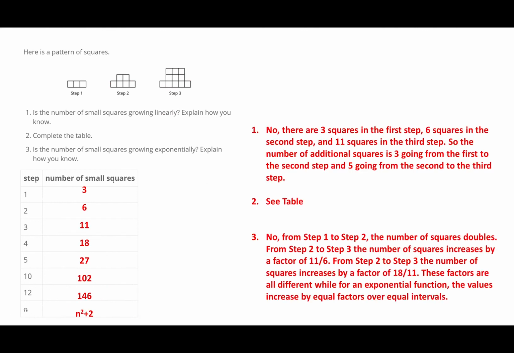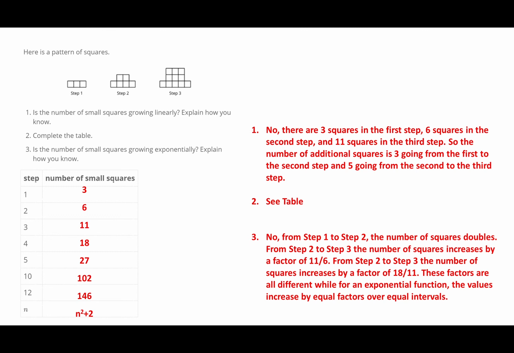So this is not growing exponentially. We saw it wasn't growing linearly because it wasn't adding by the same amount from one step to the next. It's not growing exponentially either because there's not a common factor that it's multiplying by from one step to the next. From step 1 to 2, it goes from 3 to 6, so it doubles.